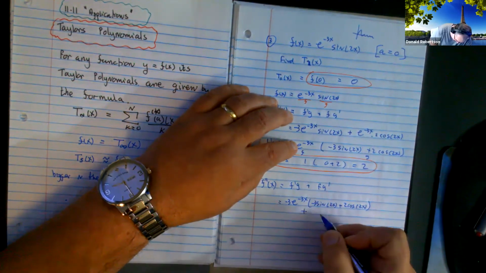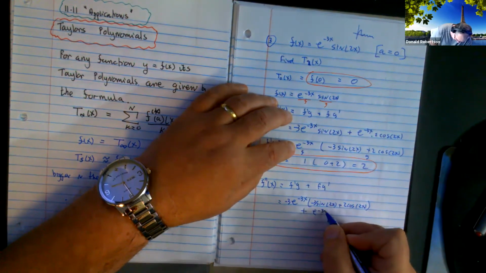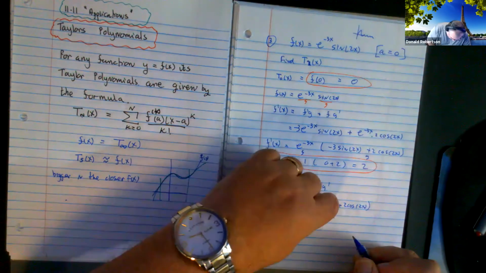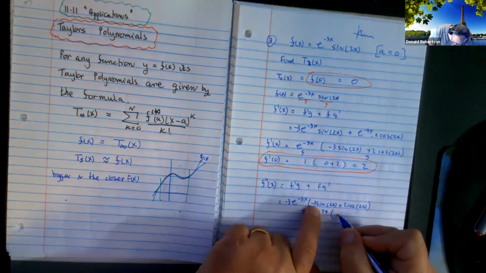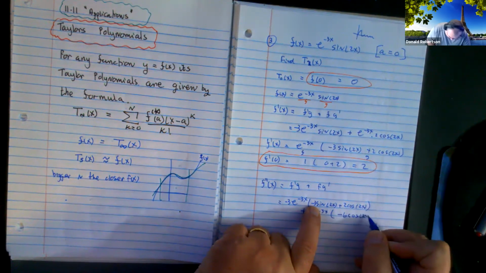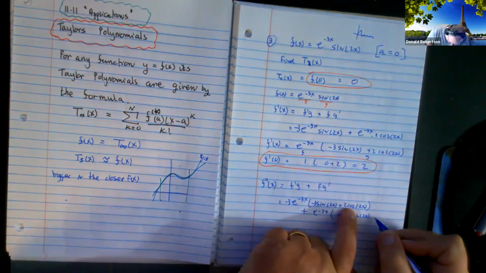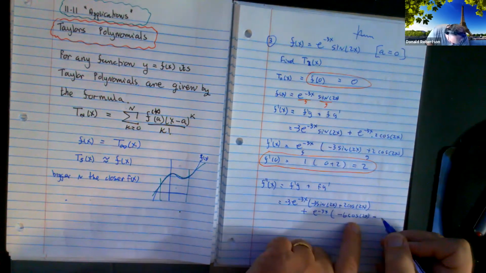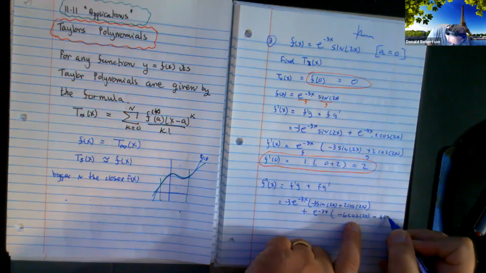Plus, you leave the first guy alone, and then you differentiate these two. If you differentiate this guy, you get -6 cosine of 2x. If you differentiate this guy, you get -4 the sine of 2x.